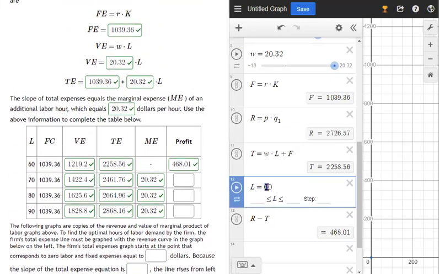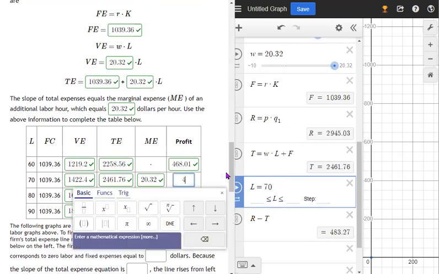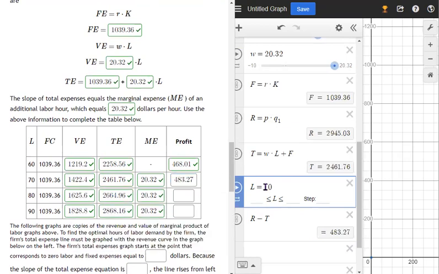When labor demand is 70, my profit is $483.27. When my labor demand is 80, my profit is 43.46.